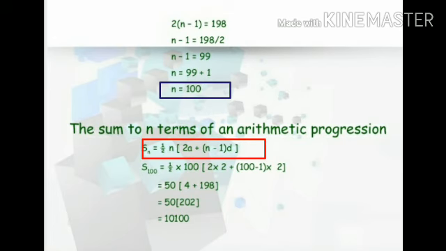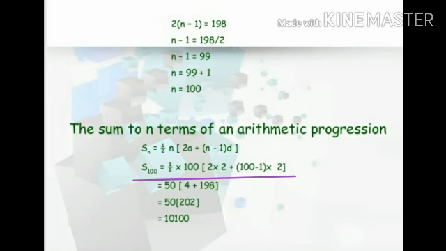In the next step, dear students, S100, n is 100, equals half into n, that means 100, into the bracket 2 into 2 plus the bracket 100 minus 1 into d is 2, square bracket complete. Dear students, in the next step, half into 100 becomes 50, square bracket 2 into 2 becomes 4 plus 100 minus 1 is 99 into 2 becomes 198.